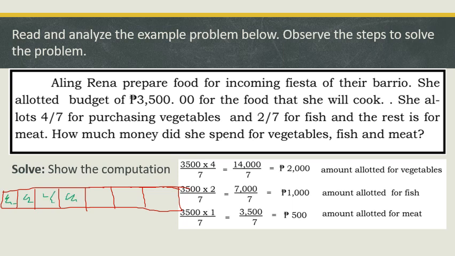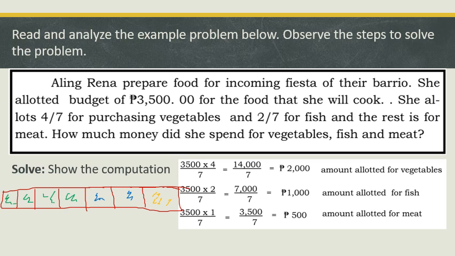So, vegetable. Tapos, blue naman yung fish. 1, 2, so 2/7. And yung last, para sa meat. So, gagawin natin siyang orange. Yan. So, ang total daw lahat yan is 3,500.